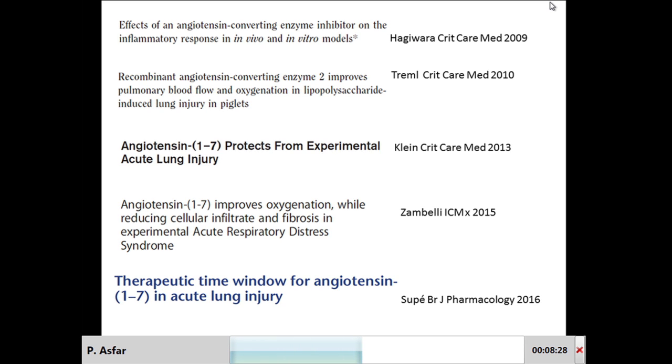So to summarize the publications, it would be useful to use blockers, for instance, or maybe angiotensin 1-7, which protects lungs from inflammation. So if we have to use something regarding the lung, it would be better to use angiotensin 1-7 rather than angiotensin II. But angiotensin 1-7 does not have the same effect on peripheral vessels, for instance.